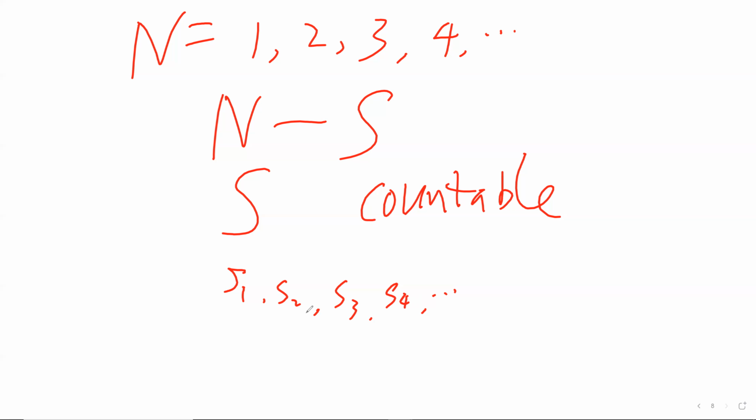If S is not countable but infinite, can we find another set that is not countable? In fact, we can find many sets that are infinite but not countable, which we will discuss next.